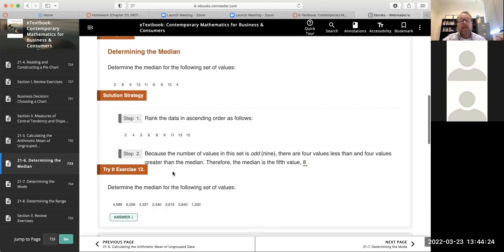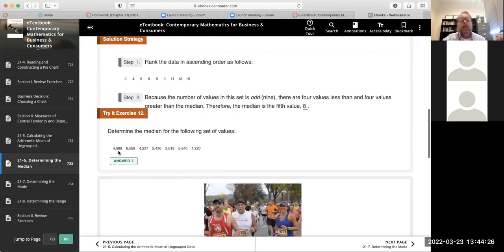However, if you have an odd or an even amount of numbers, it's going to be a little different. So let's look at this set here. There's 4, 59, 65, 58, 42, 37, 24, 30, 36, 19.